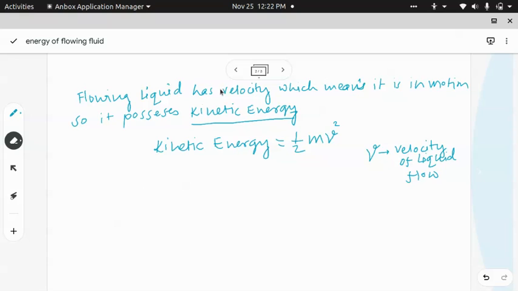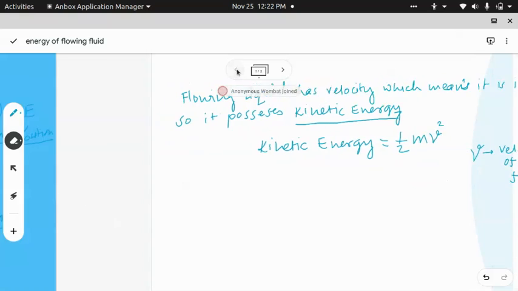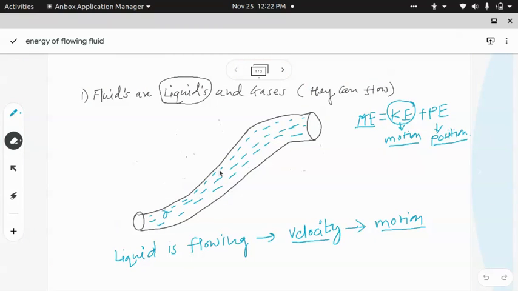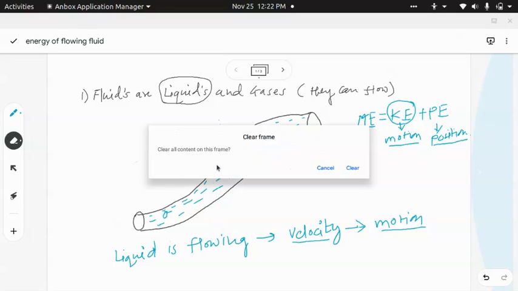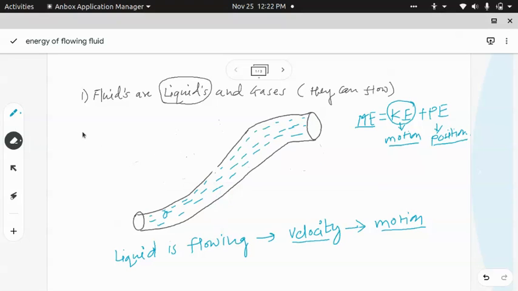So let us move towards the previous jam first. Here, if you want to calculate the kinetic energy of a liquid, you have to consider some particular mass of a liquid, like this particular mass, this particular cylinder.